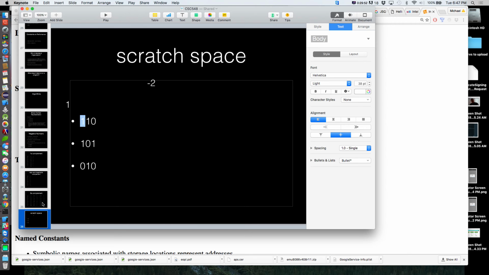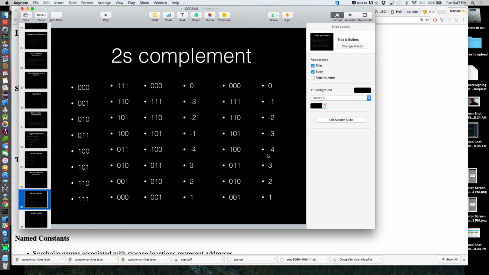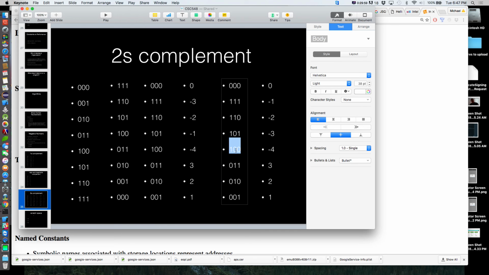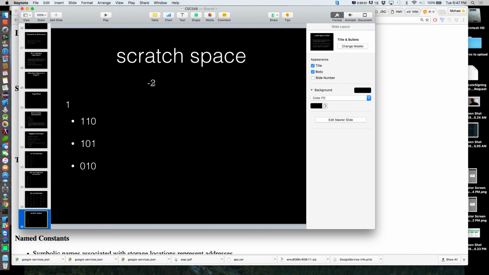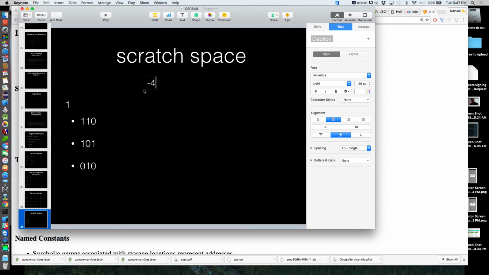So now let's look at one extra example, the -4, which is 100. So we're hoping this guy turns into a -4. There's our 100. We want to subtract 1 from 100.